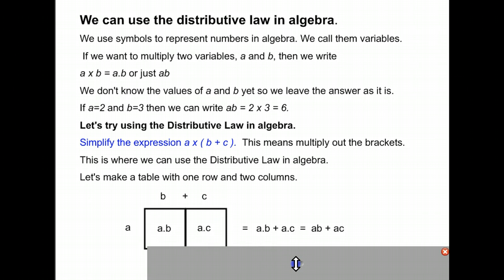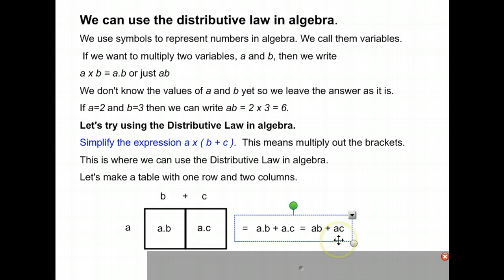Let's see what happens when we multiply. a times b, there it is, ab. a times c, there it is, ac. So a times bracket b plus c close bracket equals ab plus ac. And that's all that we can do until we know the values of a, b and c.